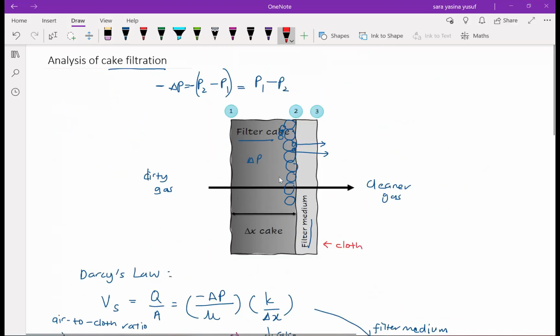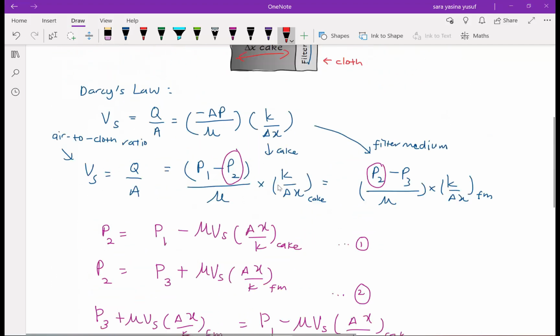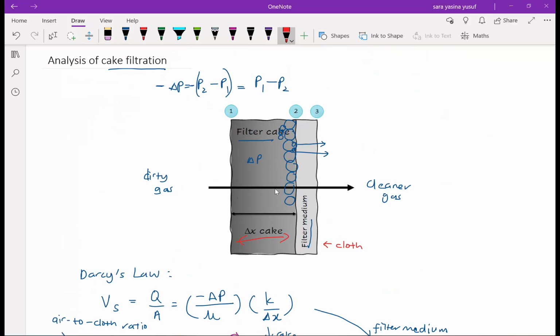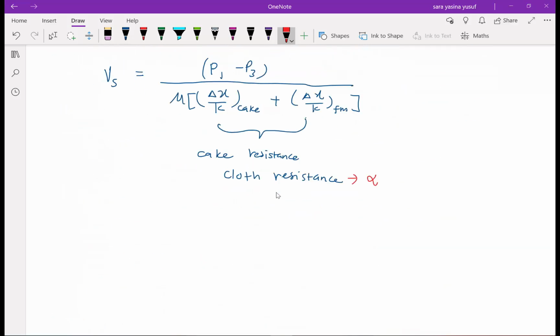However, what will be changing is this delta X, or the cake layer, which changes depending on the dirty gas and the component of particulates loading. I said earlier that the filter cloth resistance is not changing with time, so we assume it as constant.